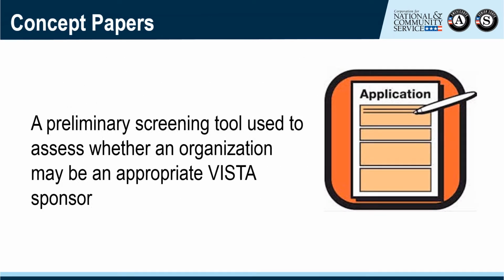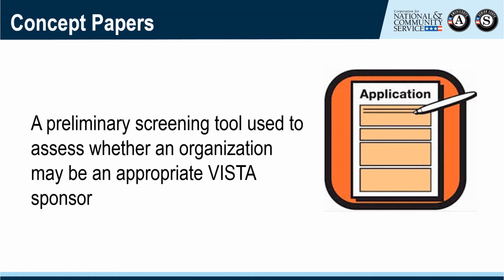As you know, organizations submit an AmeriCorps VISTA concept paper as the first step in the application process. The concept paper is a preliminary screening tool which is used to evaluate whether the organization would be an appropriate sponsor. CNCS reviews concept papers to gain a better understanding of the proposed project and to determine if the activities and the organization are in alignment with VISTA's programming priorities.